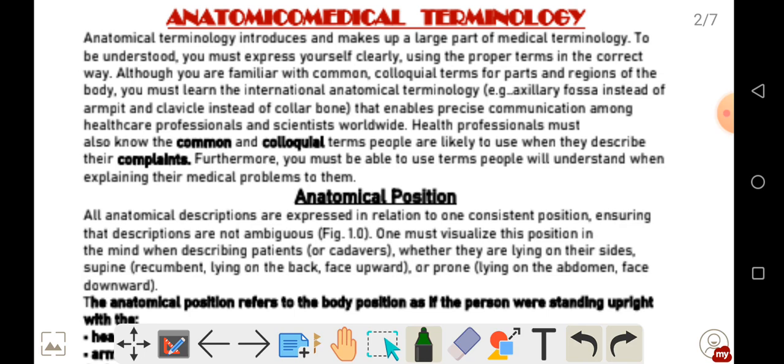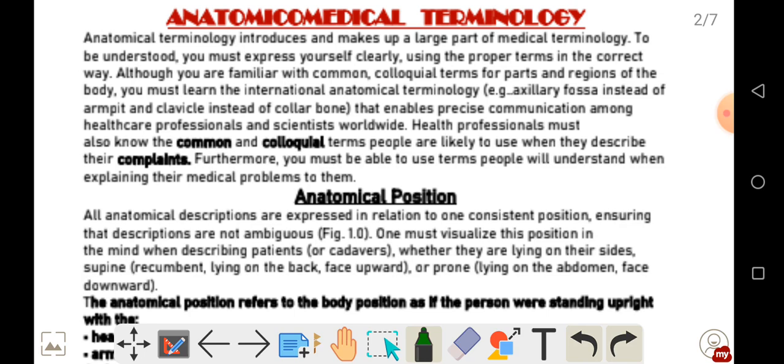Furthermore, you must be able to use terms that people will understand when explaining their medical problems to them. So this is the importance of anatomical medical terminology.